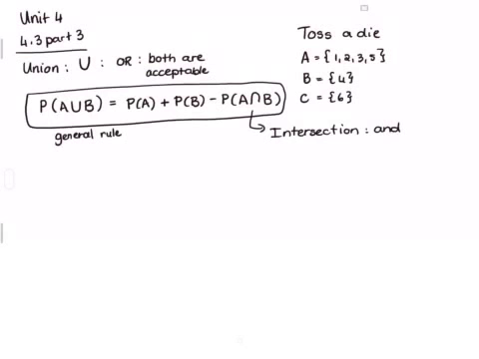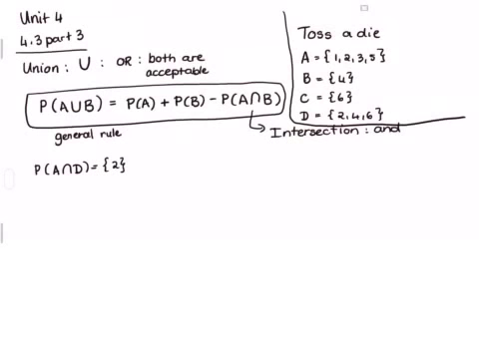So if we go back to our example here, and we include an event D, which was get an even number, then the intersection of A and D is 2. Let's maybe just do a few of these first. Intersection of A and D, which outcome lies in both of them? A 2.